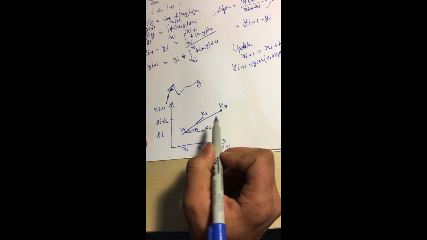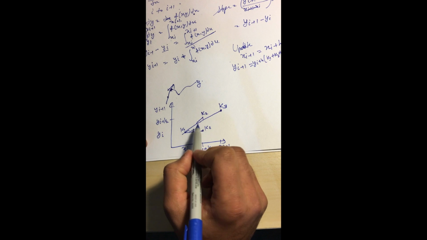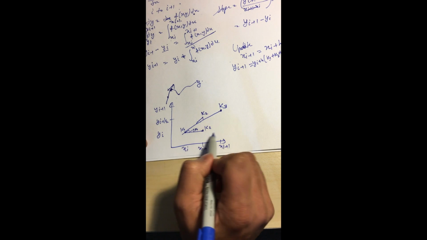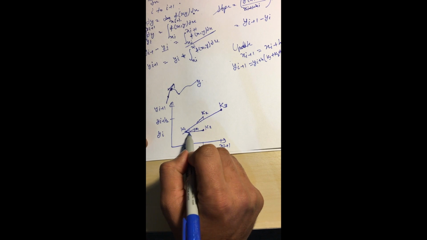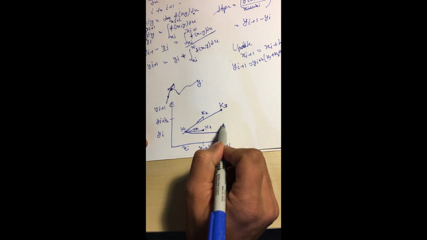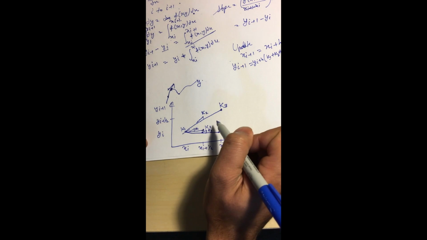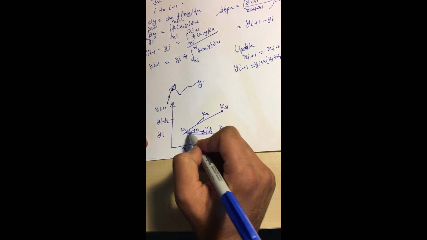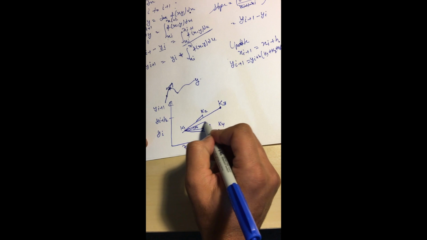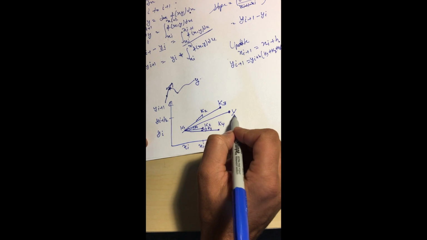And for our k4, we can consider it also at x_{i+1}, or maybe we can take it at x_i plus half. So just let's take it at x_{i+1}. This is our k4, and the slope will be k3. Now by computing and adding all these things, we get our actual function y that we are trying to get.